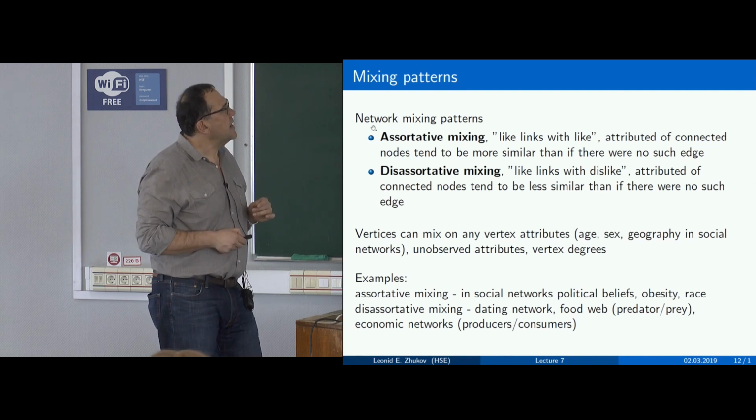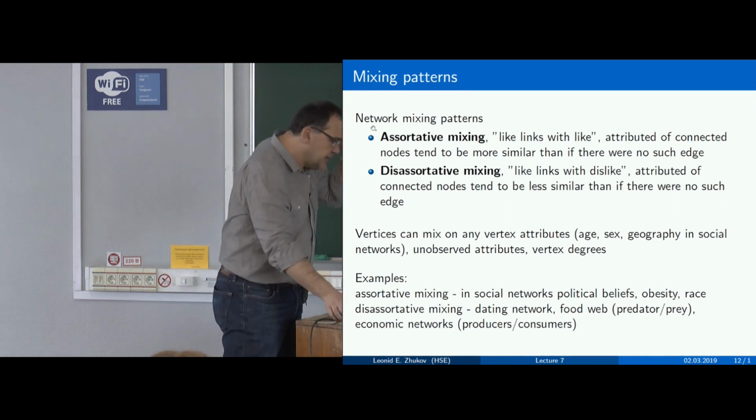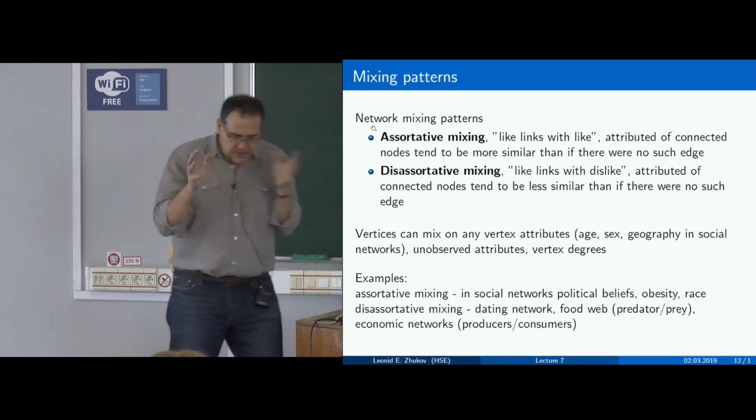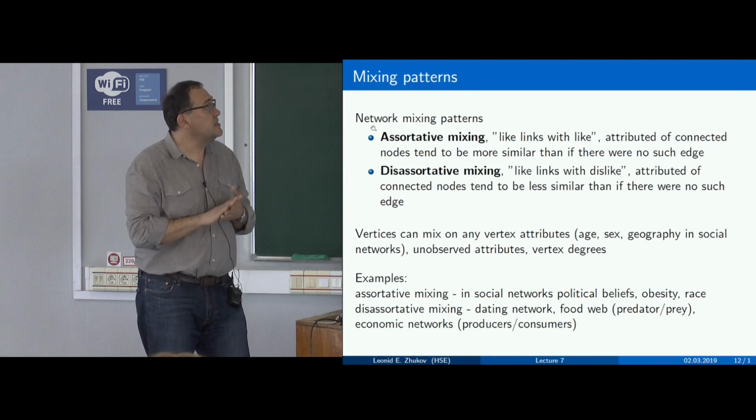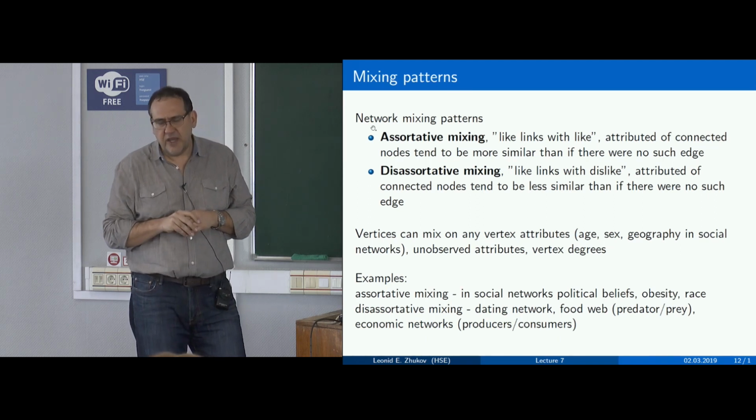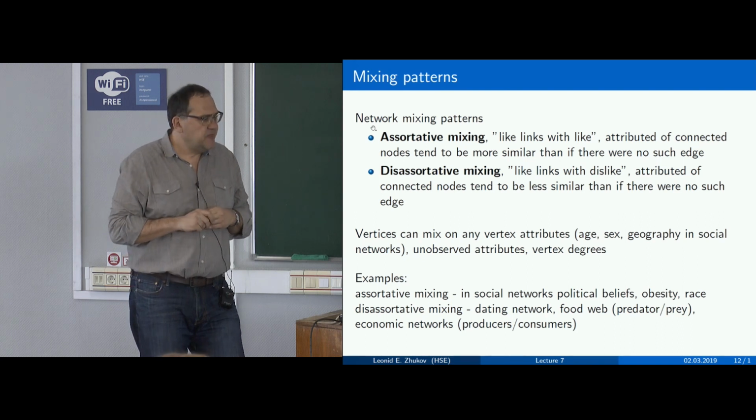Okay? All right. Now let's switch the topic a little bit, but we're still talking about network connectivity patterns. We're going to talk about this notion of assortative and disassortative mixing, which is actually quite useful. The idea is the following.